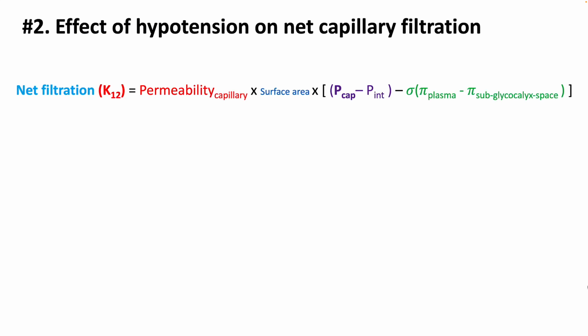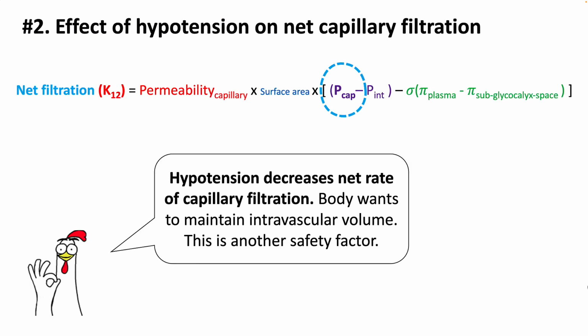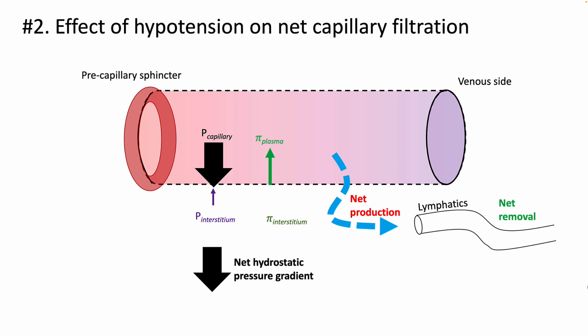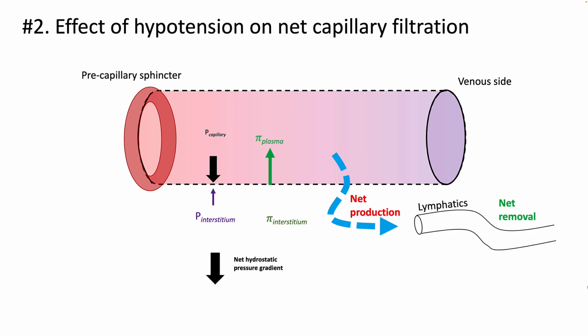Let's look at the effect of hypotension on net capillary filtration. So as you become more hypotensive, your peak capillary pressure drops, and that drops your rate of net capillary filtration. This is one of the safety factors that your body uses to maintain your intravascular volume. So as your capillary pressure drops, your net hydrostatic pressure gradient drops, and your net filtration drops as well.